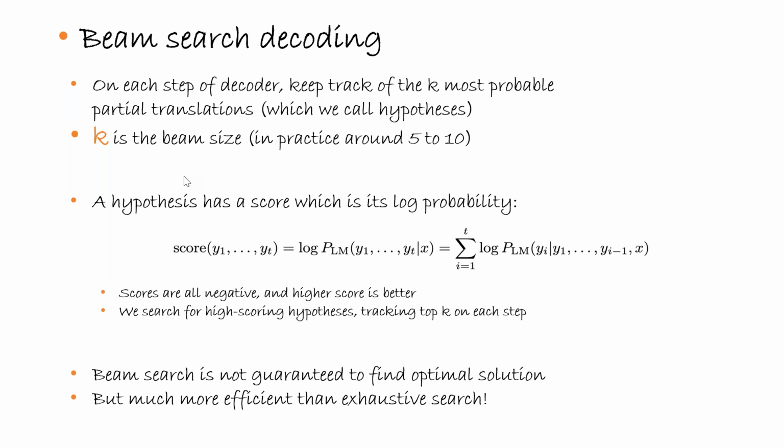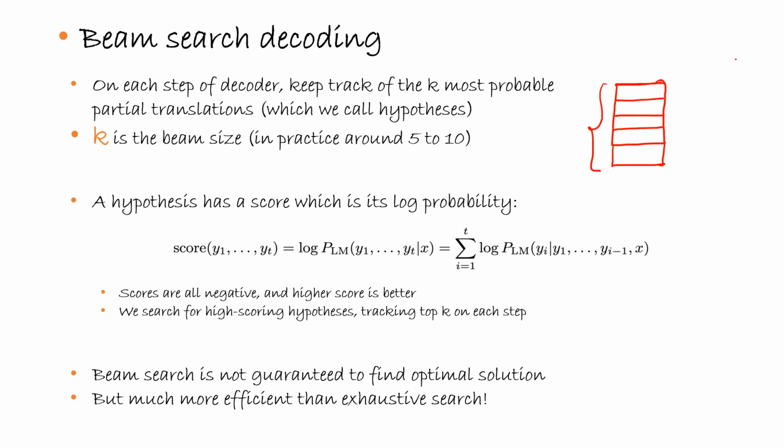In practice it is around 5 to 10. So I will decide my beam size between 5 and 10. I can have less as well. So this is my beam size.